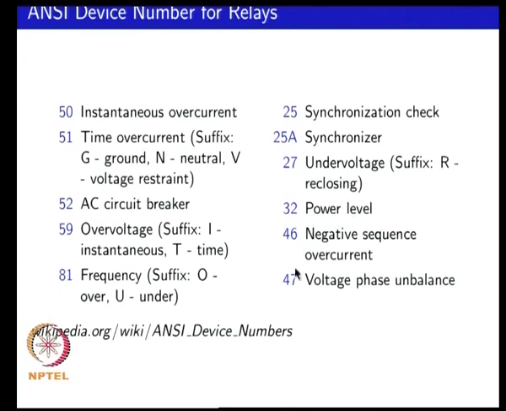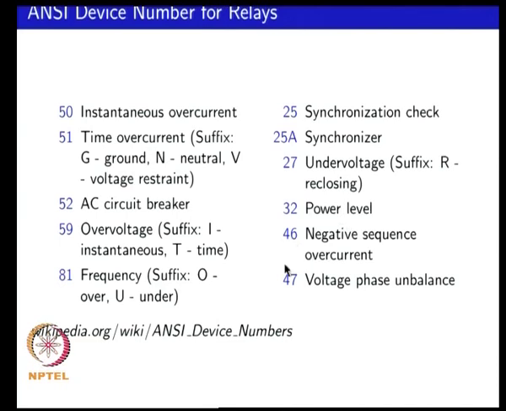Okay. You could have power quality based relay functions like 47, which is phase voltage imbalance. The result of a phase voltage imbalance would be negative sequence overcurrent. So, for example, a machine load might be sensitive to overheating due to negative sequence current coming in.